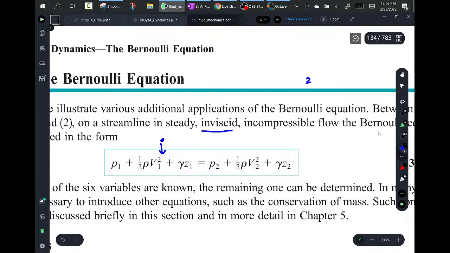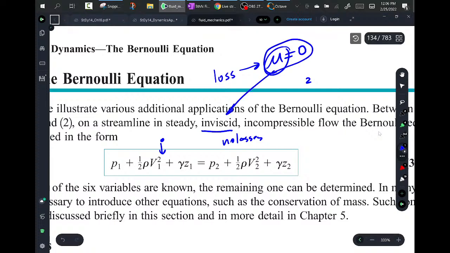The word inviscid and no losses can be used interchangeably because the losses occur because of the viscosity. The viscosity is zero, or assumed to be zero. It never really is zero. Then this equation works well. Otherwise, you've got to consider the losses in there, which we'll do in chapter 8.